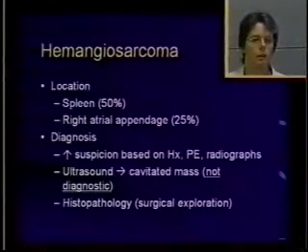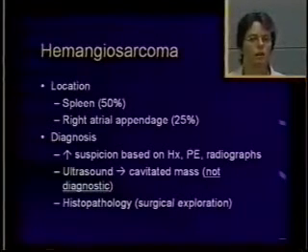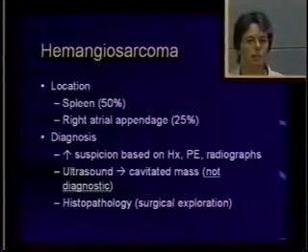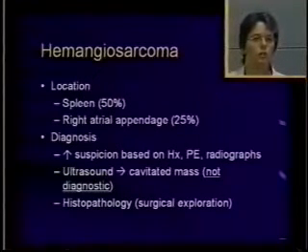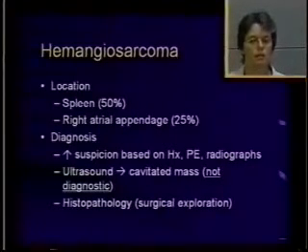Probably a mucosal bleeding time is not a bad idea because they can also have some platelet abnormalities as well. Many of these animals will present and be either in fulminant or low-grade DIC, and so they will require blood products to make them even stable enough for surgery. So these are difficult cases to treat, and sometimes owners will elect not to treat them based on the fact that hemangiosarcoma has a poor long-term prognosis.